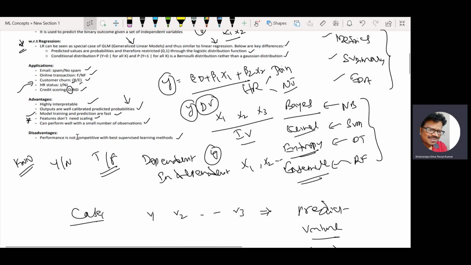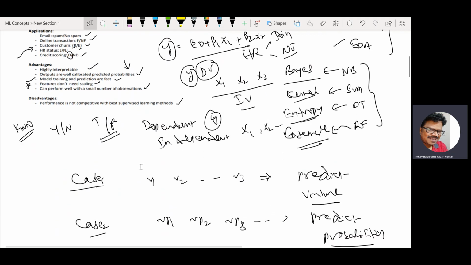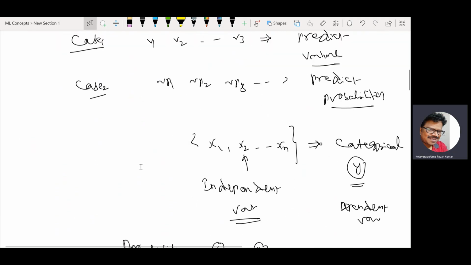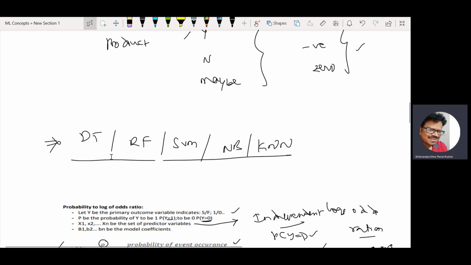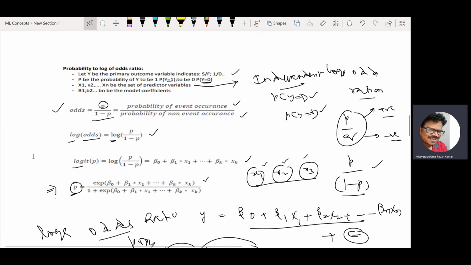Advantage-wise, you can depend on it even with a small number of observations. And one more thing, the probabilistic analysis, because it uses the odds ratio, log odds ratio, along with logarithmic estimation, and we make use of exponentiation, all these kinds of things.